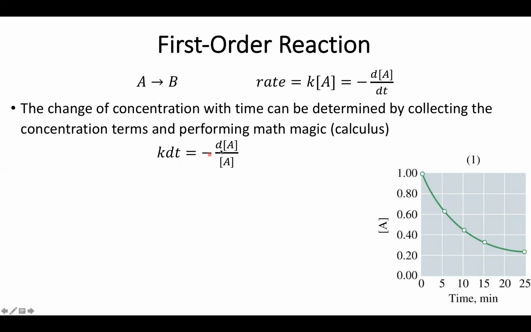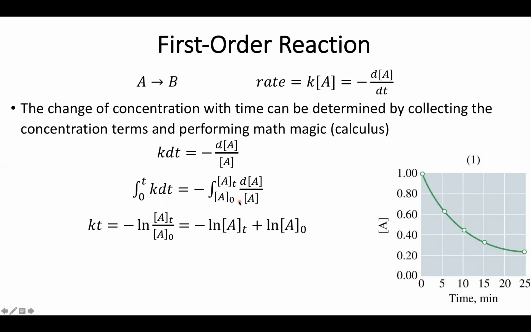So we have a negative change in concentration of A over A. And then math magic, also known as calculus, same as before. We're integrating from 0 to t on the left and initial to final concentrations on the right. So when we do this, a fun thing happens when you try and take the integral of 1 over a variable. A natural log pops out.